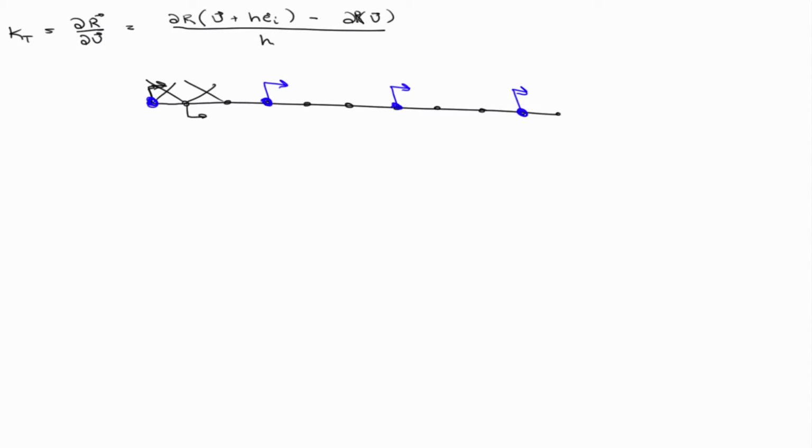Now really in a computer we don't use colors, we use numbers, so those would all be assigned to number 1, right? Then I could also perturb this one, this one, this one, and this one, so I'd color those red. And then I could perturb this one, and this one, so I'd color those orange, okay? So basically, I can construct the whole tangent stiffness matrix with just 3 perturbations.